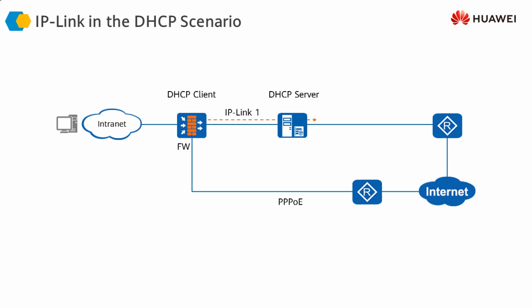If there is any issue with this link, this link will not be available, so the firewall cannot forward traffic through this path, and IP link is going to inform the firewall. As soon as the firewall knows that this link is unavailable, it will start forwarding traffic through this alternate path. For example, in this case, this is the PPP over Ethernet path, and the firewall can forward the traffic. In this way, the firewall can implement the high availability scenario.